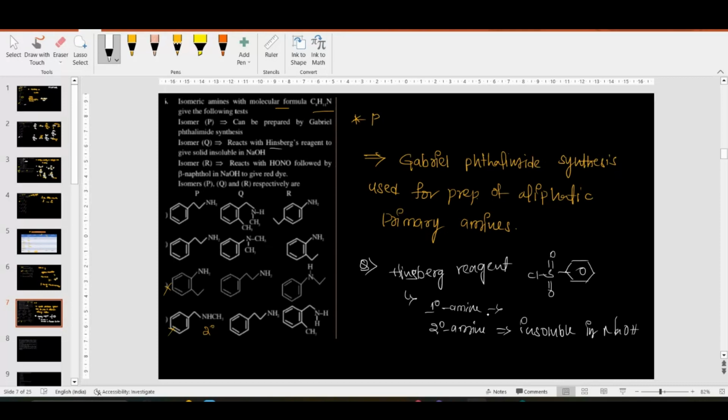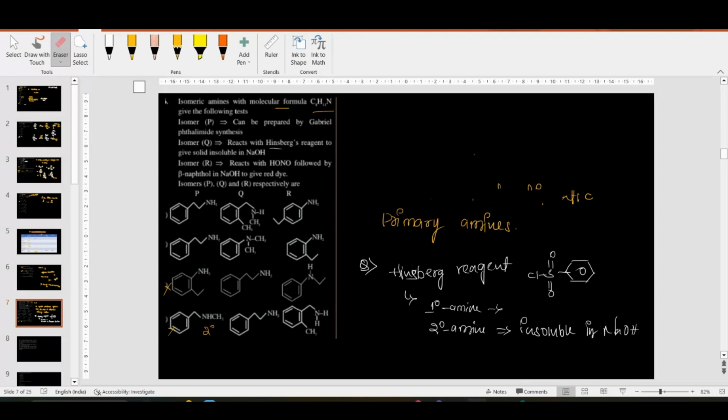If you check these two options, this is also a secondary amine, this is also a secondary amine. But let's check R. So let's check this isomer R, then we'll get the correct option, right?